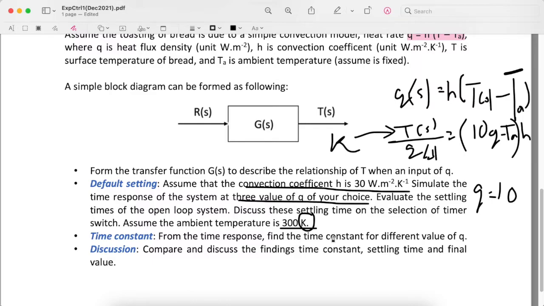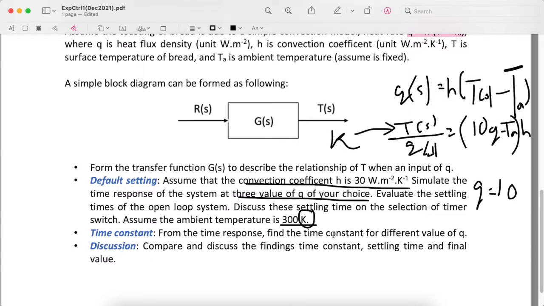So just insert it into your transfer functions, then refer to the notes. In order for you to plot the time response, you just use Scilab or MATLAB, or Xcos. Put it into your block diagram, insert the equation, run, and you should be able to see the time response in terms of time.